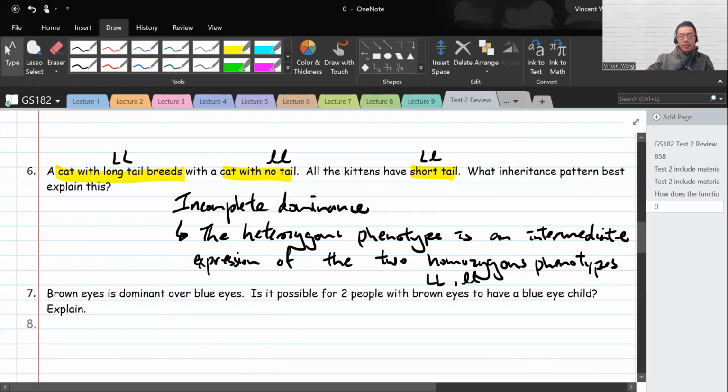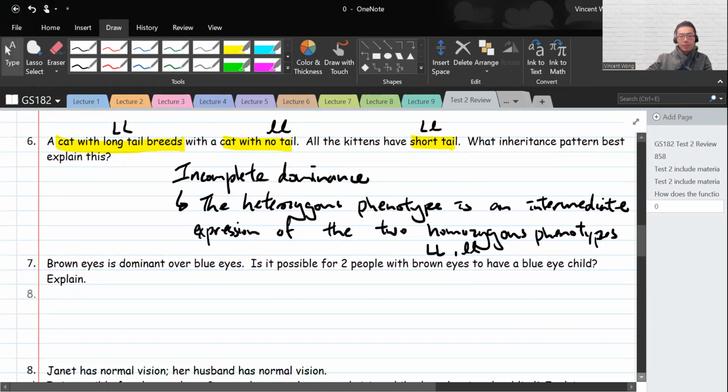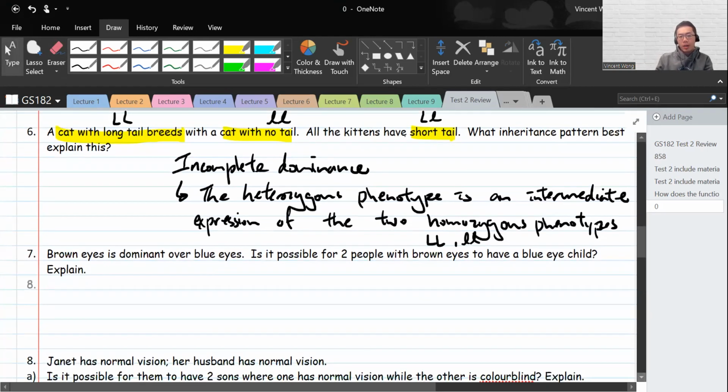All right, brown eyes is dominant over blue eyes. Is it possible for two people with brown eyes to have a blue-eyed child? Okay, so if this is dominant, then that means big B is brown eyes and small b is blue eyes, right? Well, you got to think this through carefully. Just because they say brown eyes, it doesn't automatically mean big B, right?